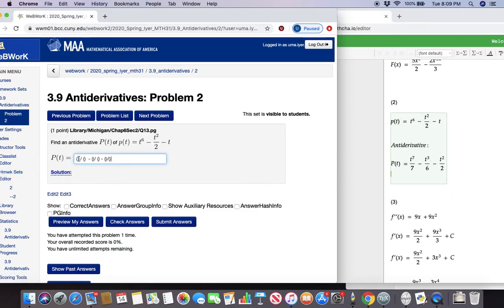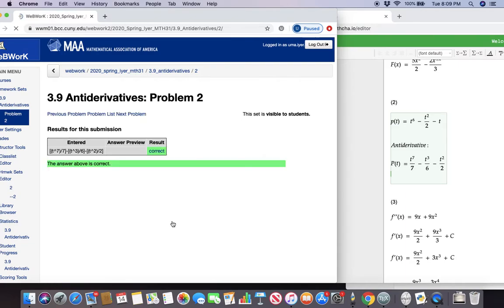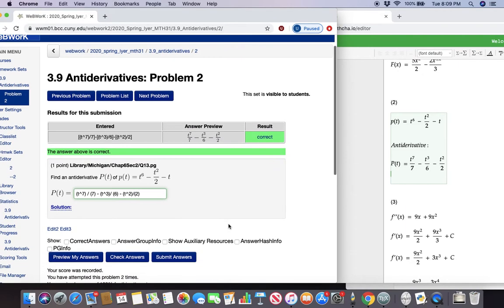The first one is, inside the parenthesis, t to the power 7 over 7. The second one is t to the power 3 over 6, minus t to the power 2 over 2. Submit answer. That's correct. Good.